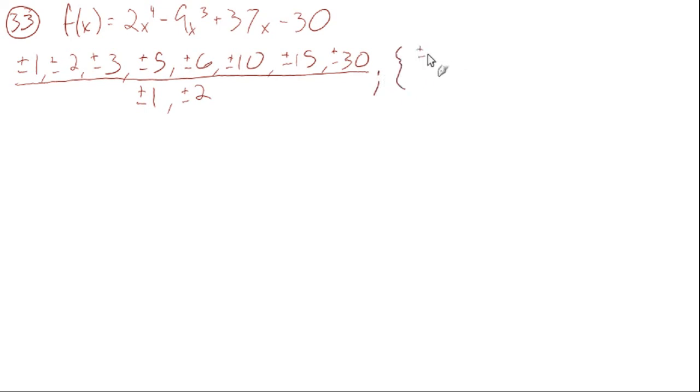So we'll start with the originals. Then we'll take each of those and put them over 2.